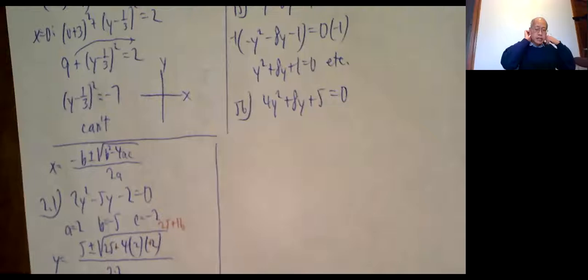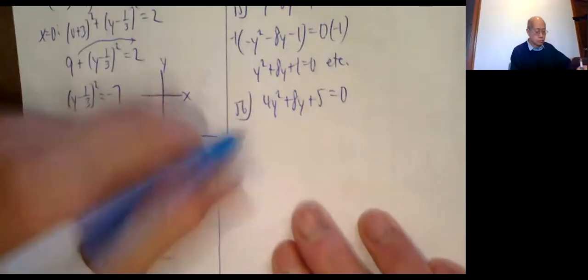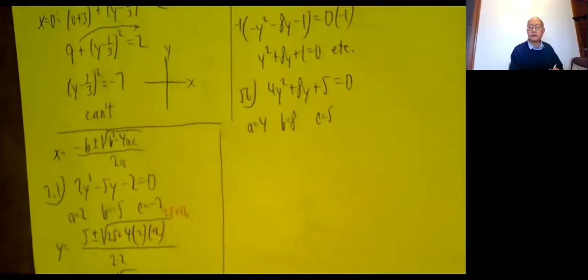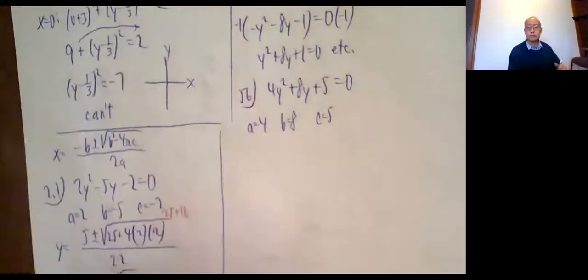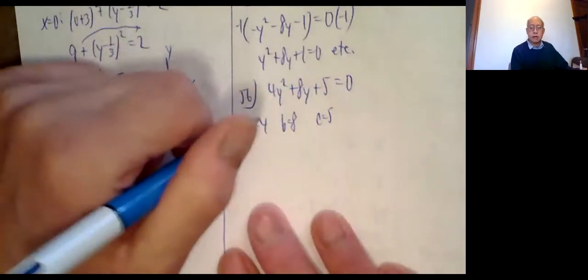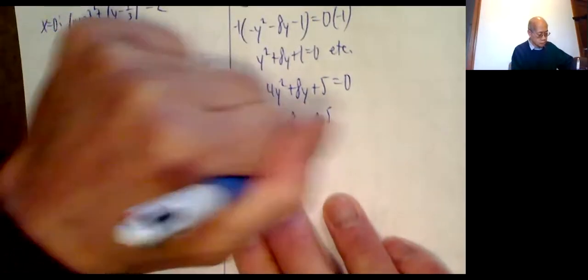All right, it's already in standard form. That's nice. A is 4, B is 8, C is 5. Looks like anything else. Very nice, everything's positive. But what's quote unquote wrong with this? Let's try it.